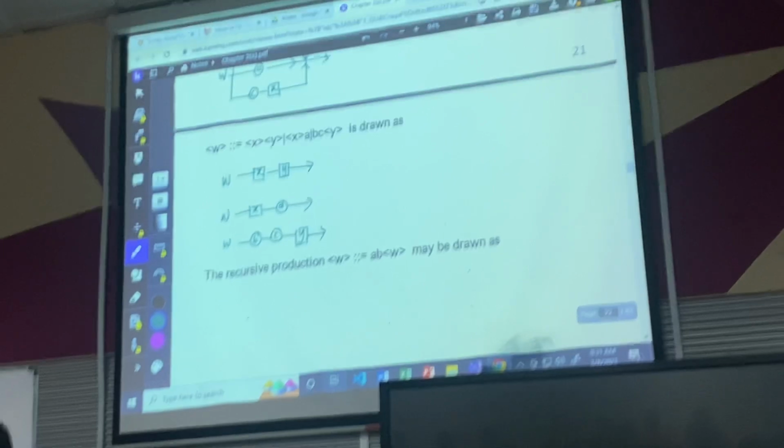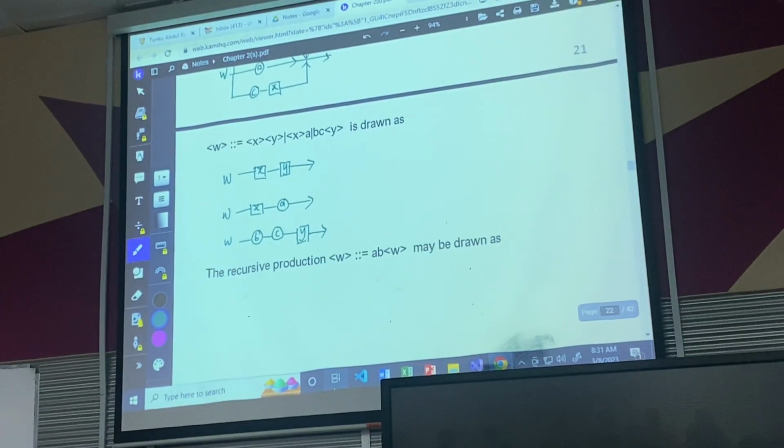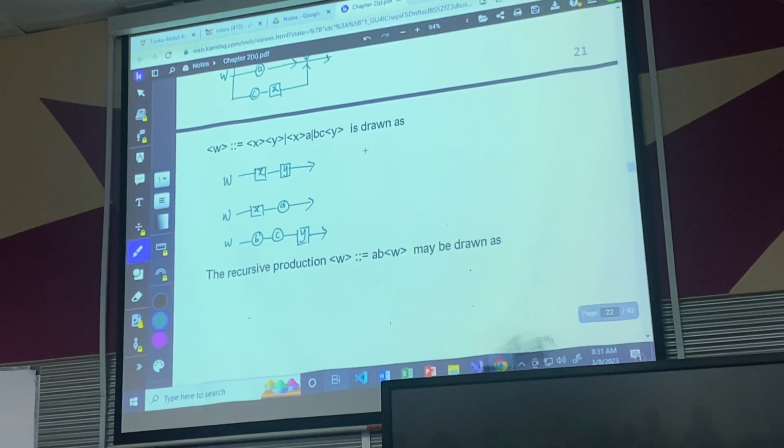You can have many ways to draw sometimes, and not necessarily must you have the same answer as a friend. As long as your substitution is correct, then it will be acceptable. So like this one, A, B, W here, if we start with W, how do you want to substitute this?